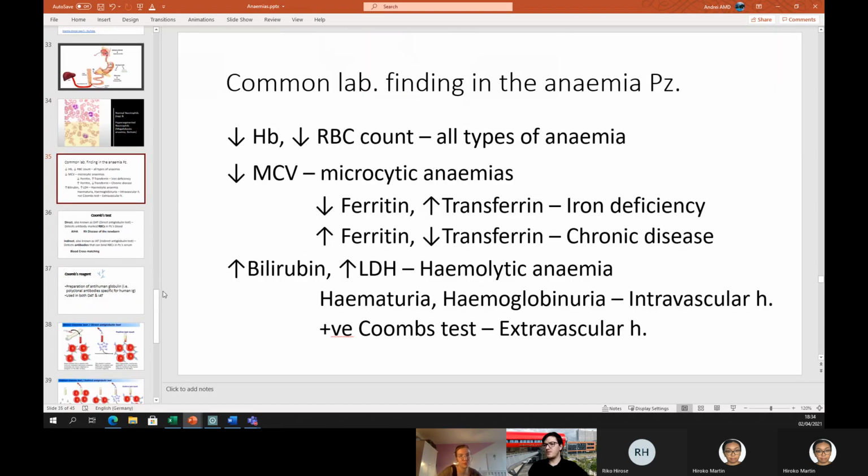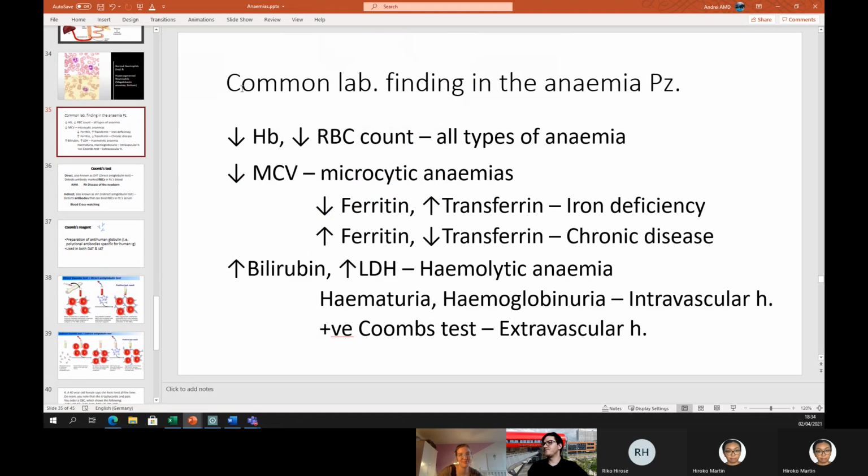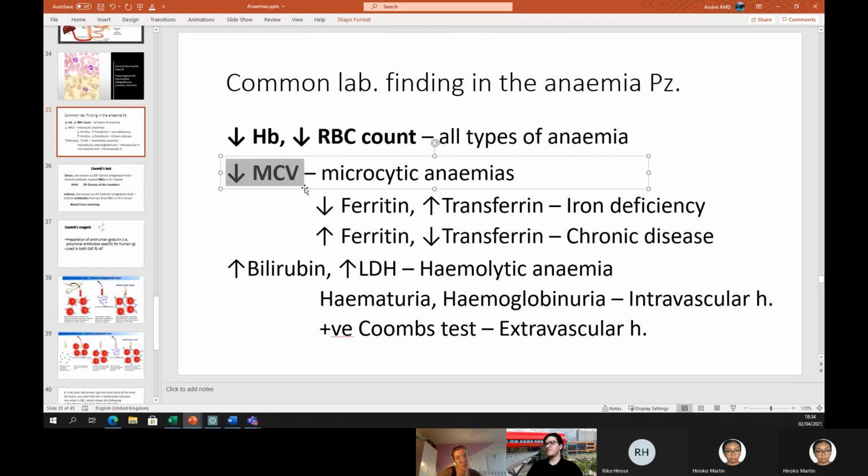All right, just quickly, we're approaching the end. Common lab findings in anemia patients. In all types of anemia, decreased hemoglobin and decreased RBC count. If MCV is decreased, you get microcytic anemias. If MCV is increased, macrocytic anemias.